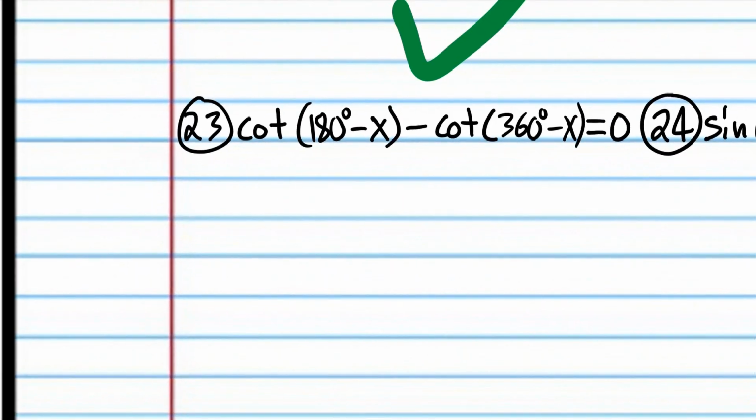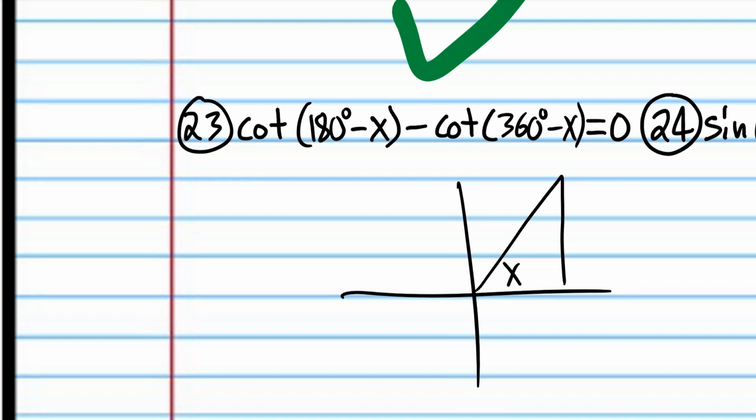Okay, we're back. So you want to compare cotangent x to cotangent 180 minus x. Cotangent x, assuming x is acute, would be positive. It's positive adjacent side divided by the positive opposite side.